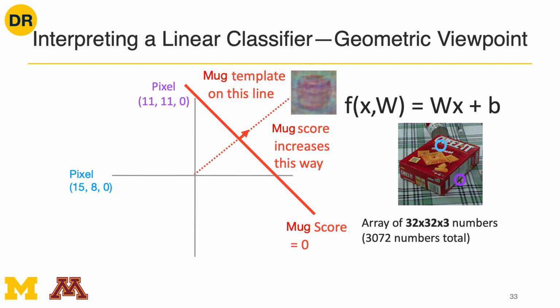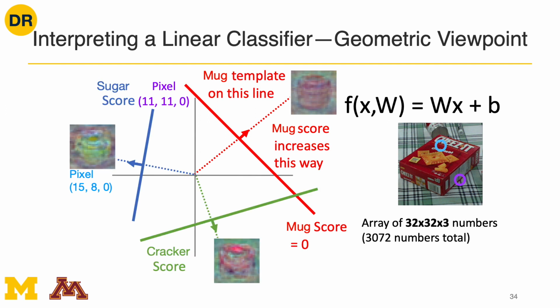So we have this geometric interpretation. Once again, because our model is predicting a different score for every category, there's not just the scores for the mugs. We could add different planes within this space, which would correspond to the predictions for each of the different categories that our model is trying to classify.